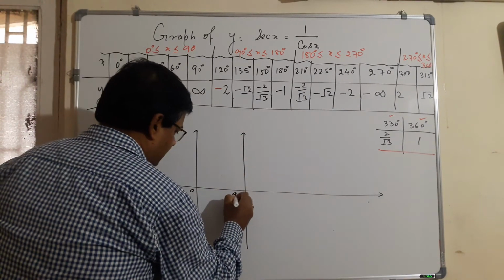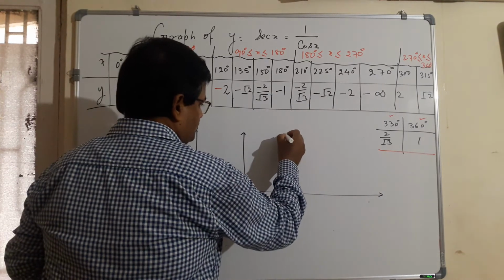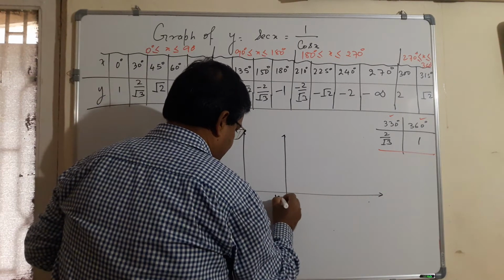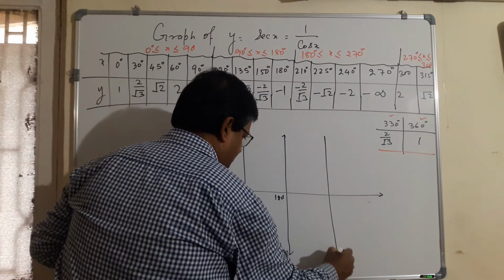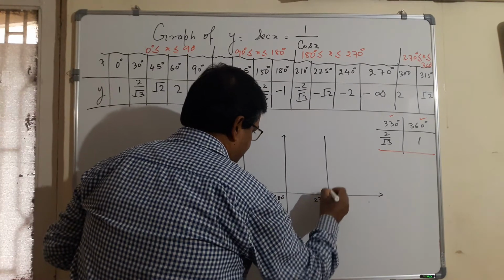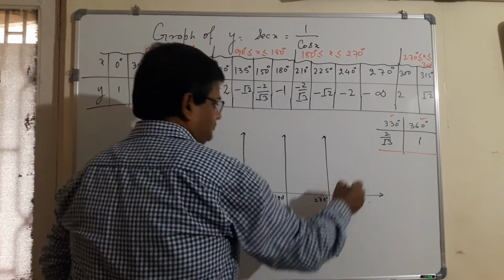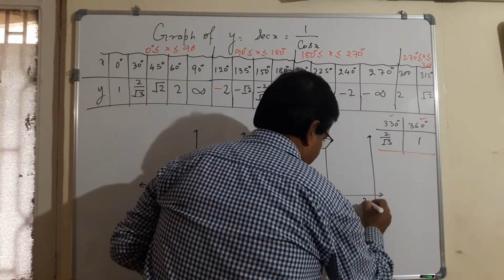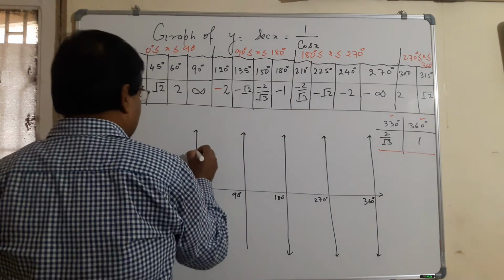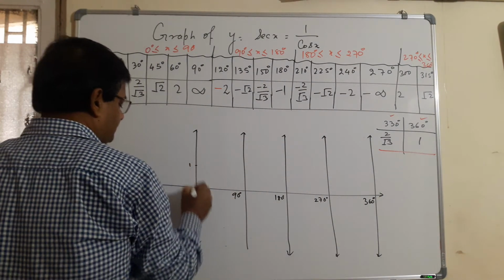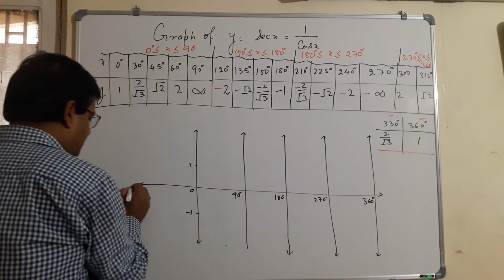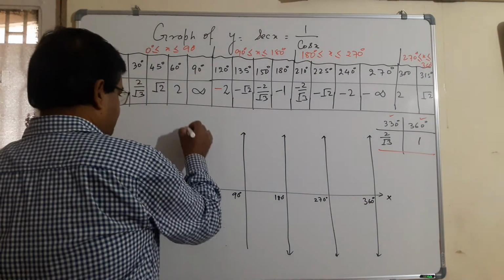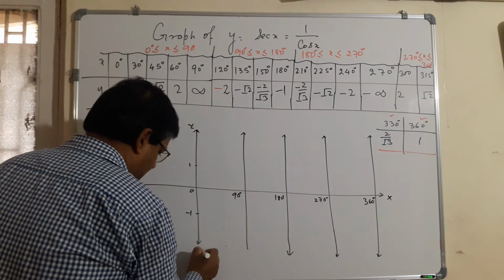Here 0, here 90 degree, 180 degree, 270 degree, 360 degree. Here 1, this side minus 1, here x dash, here x, this is y, here y dash.